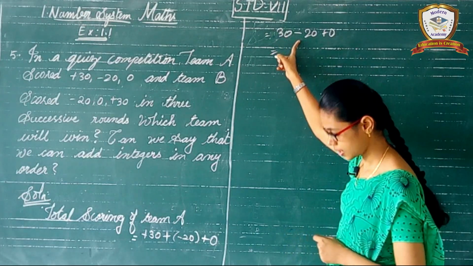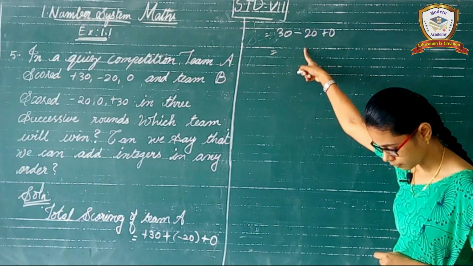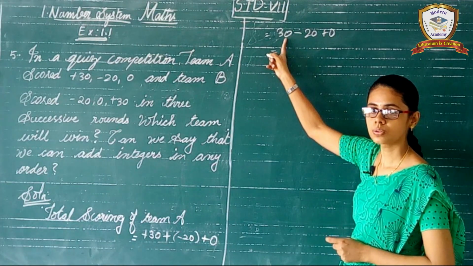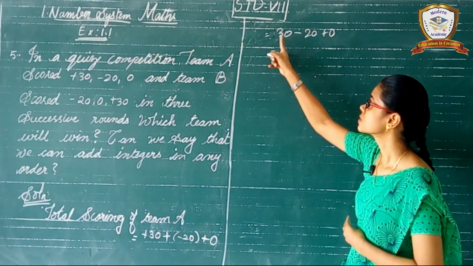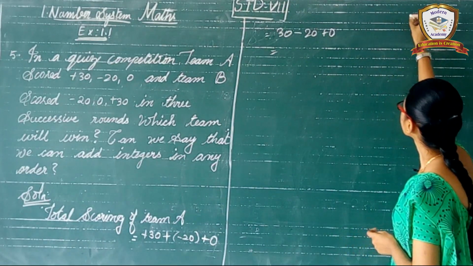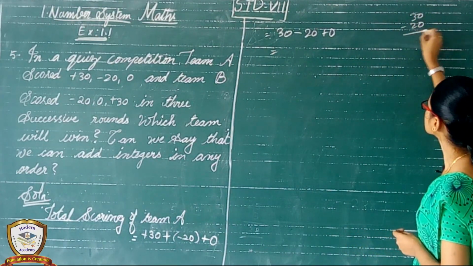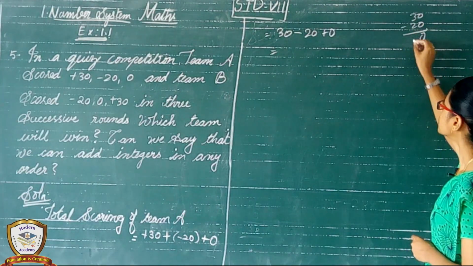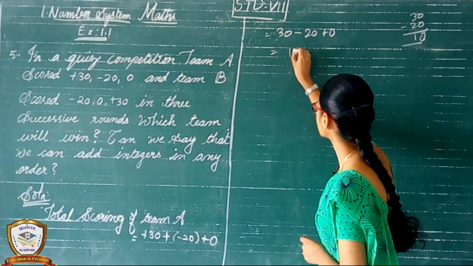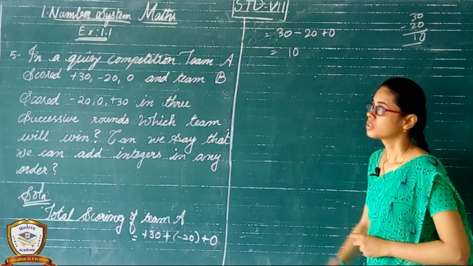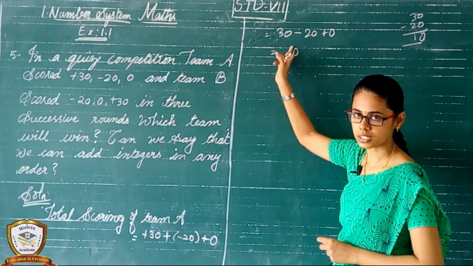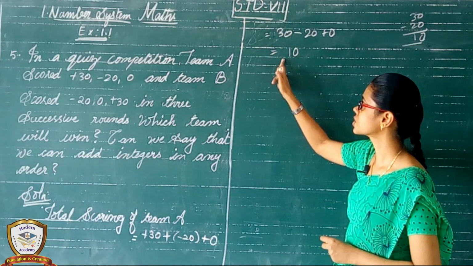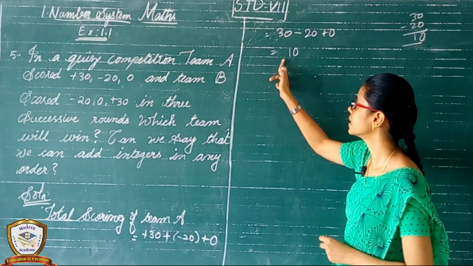See, both are different signs, so different sign means we need to subtract the numbers. 30 minus 20: 0 minus 0 is 0, 3 minus 2 is 1. So take it and we mention the sign. Which is the greatest number? Plus 30. The sign of 30 is plus, so we have to mention plus in our answer.